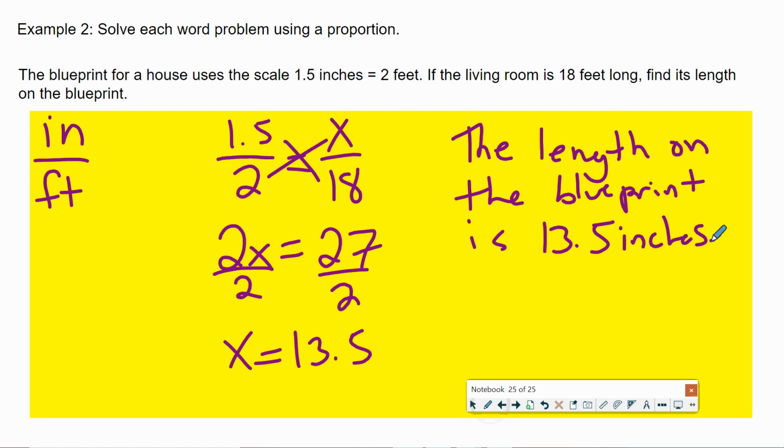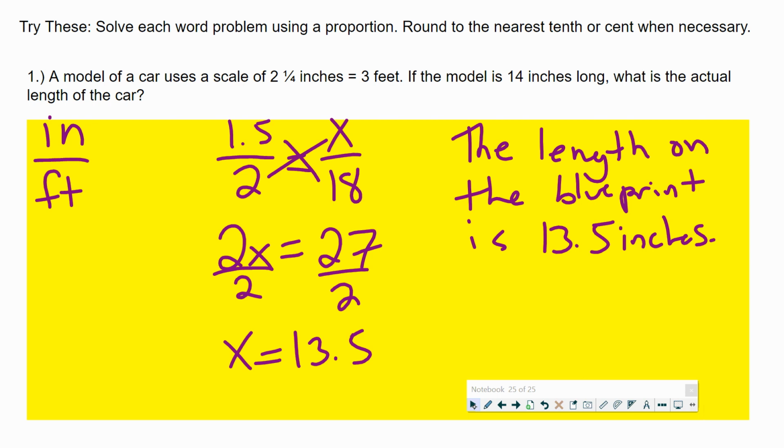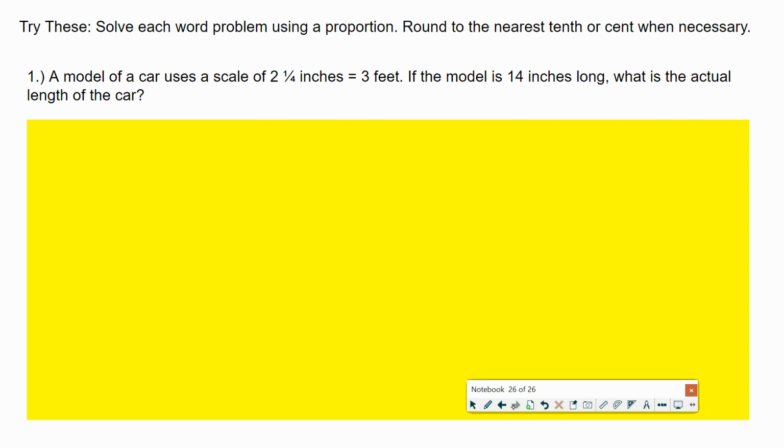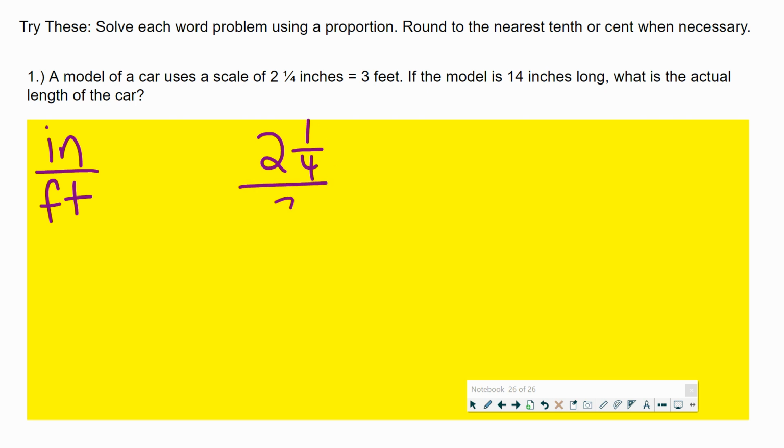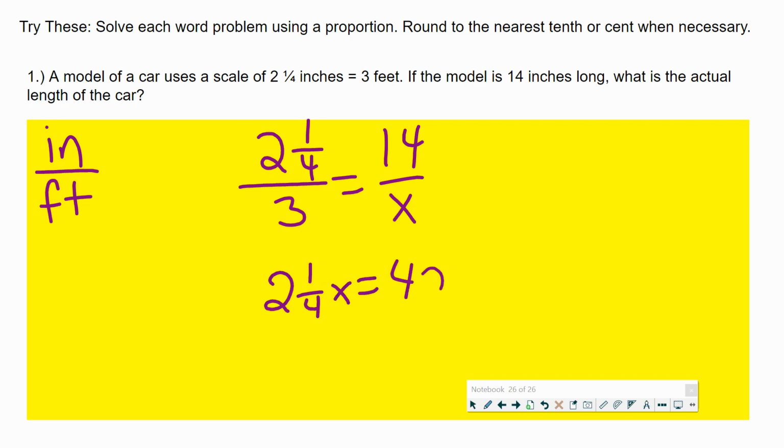Okay, so for this next part, again, you want to pause the video, try the problem on your own, and then check your answer. So a model of a car uses a scale of 2¼ inches equals 3 feet. If the model is 14 inches long, what's the actual length of the car? So again, we're doing inches over feet. So I'm going to do 2¼ over 3 equals 14 over x. So I'm going to do 2¼ x equals 42.